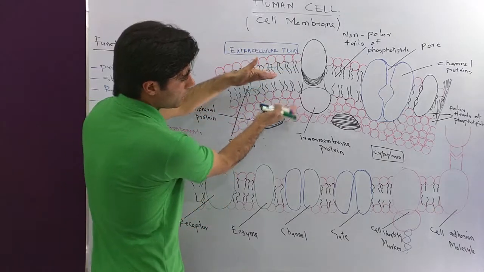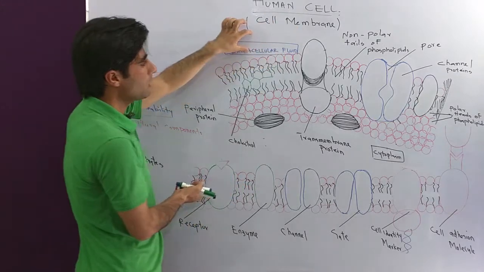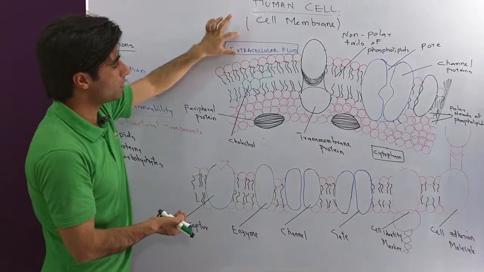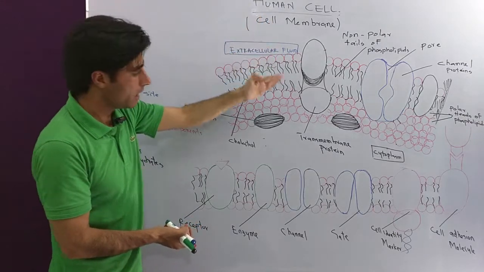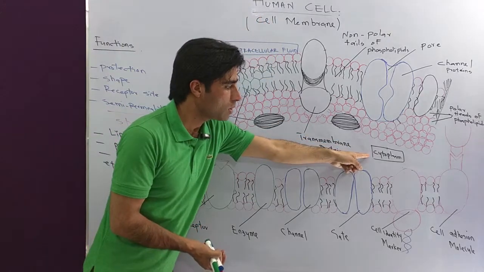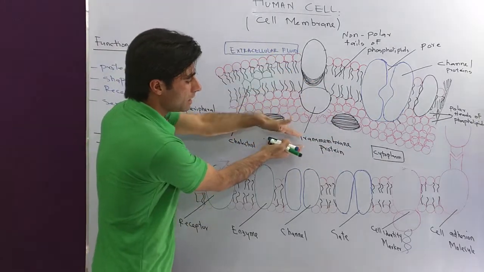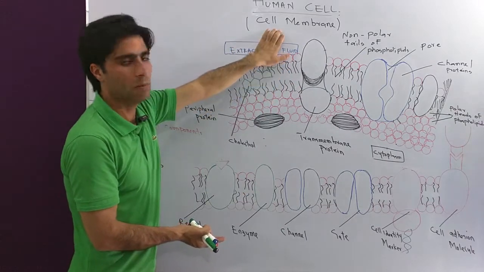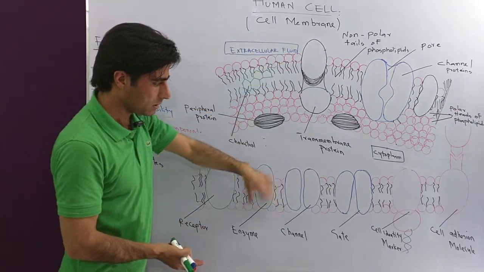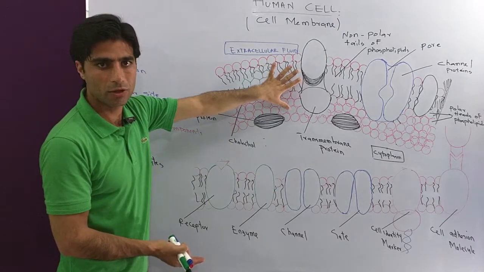This is the inner side of the plasma membrane, this is the outer side. In other words, we can call this place the extracellular fluid, or extracellular environment, and this is the cytoplasm, or intracellular environment. So between the intracellular environment and the extracellular environment comes the cell membrane. Don't get confused with this other structure, we are talking only about the upper structure.